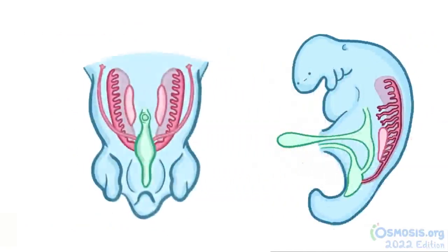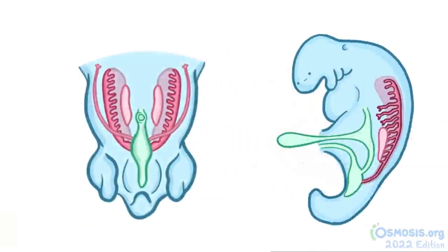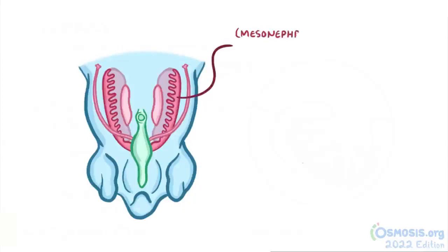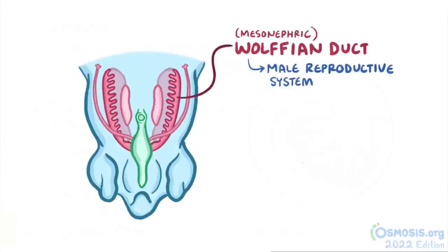Now, the differentiation of the gonads leads to the phenotypic differentiation of the genital ducts and the external genitalia. The genital ducts are initially undifferentiated tubular structures that run down the embryo's back inside the two nephrogenic cords on either side of the embryo. The first is the mesonephric or Wolffian duct, which gives rise to the male reproductive duct system.